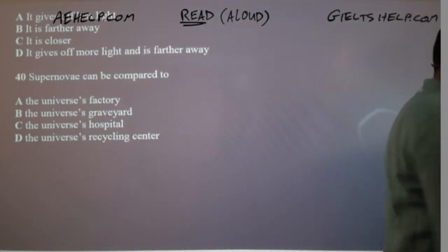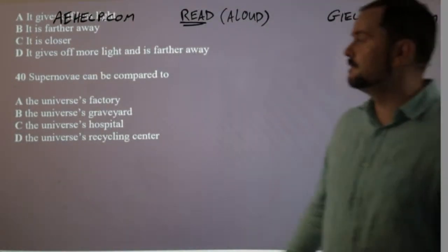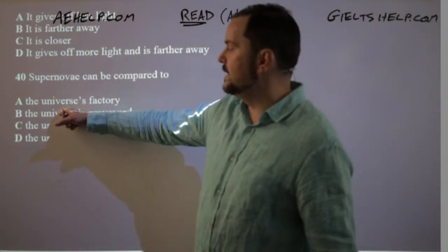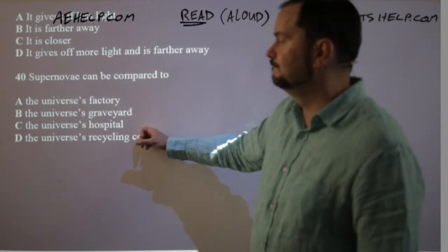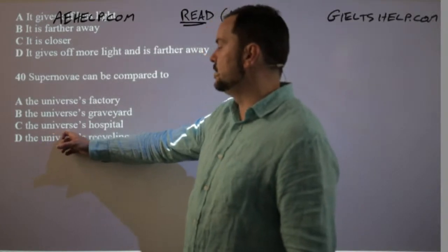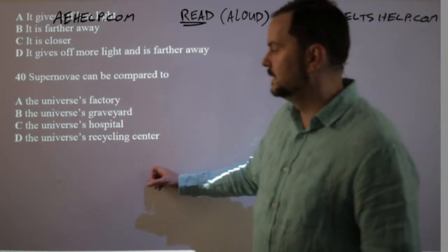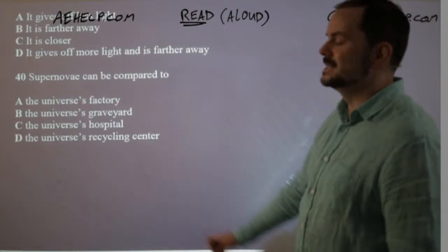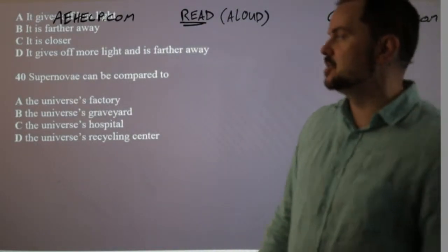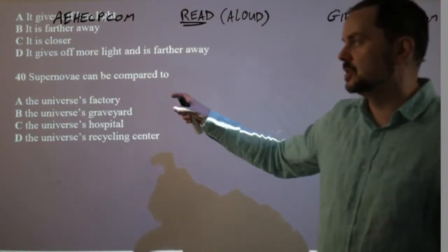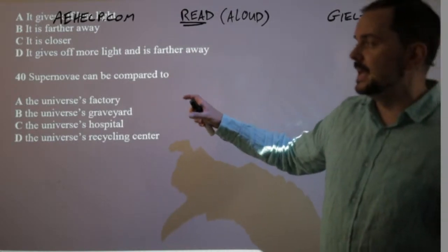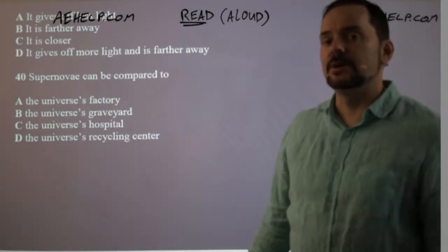All right, last question. Number 40, supernovae can be compared to A, the universe's factory, B, the universe's graveyard, C, the universe's hospital, D, the universe's recycling center. So based on all of the information that we read, this is an interesting question because you have to infer the answer from all of the information that we read.